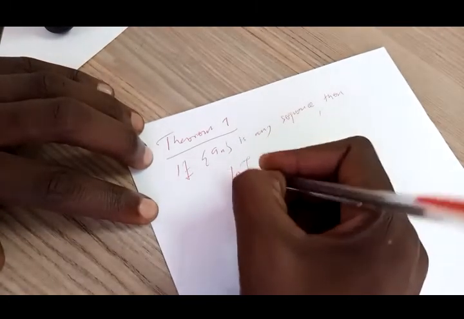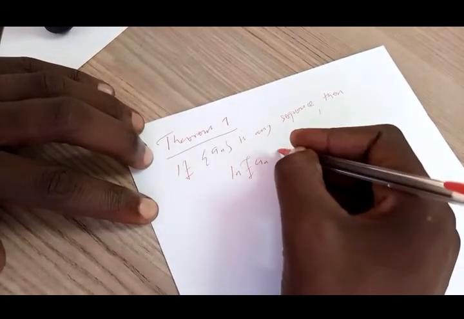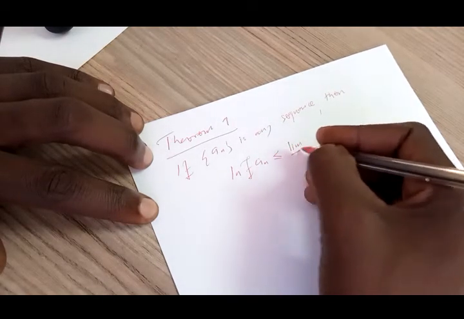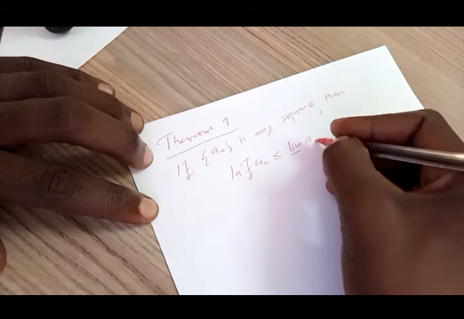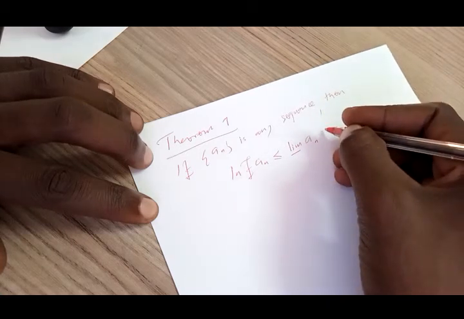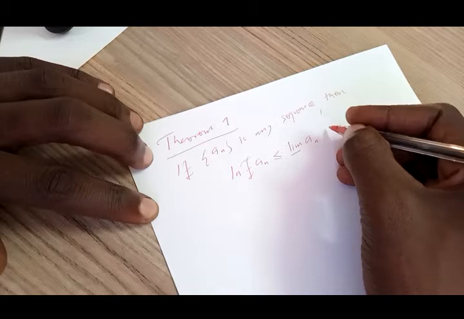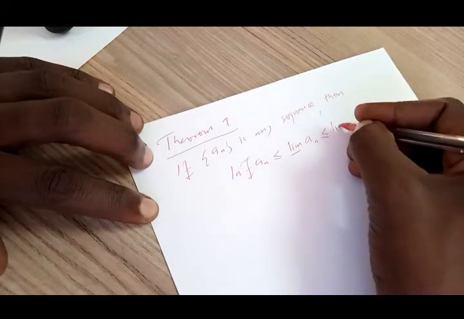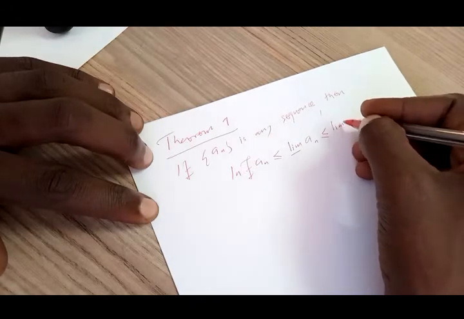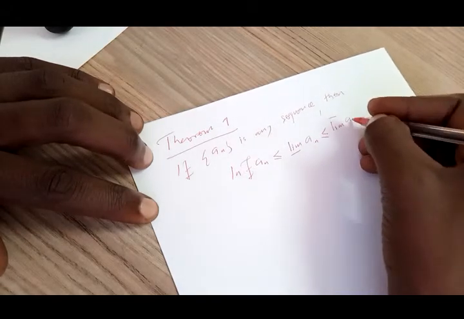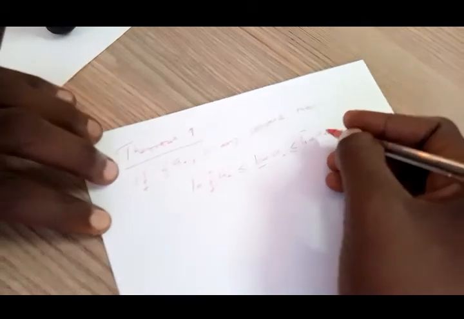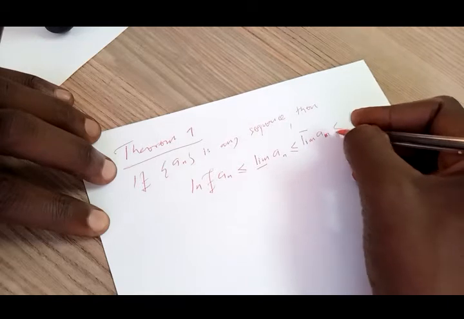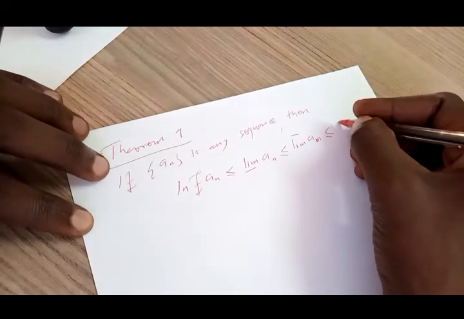The infimum of this sequence a_n is less than or equal to the limit inferior of a_n, which is less than or equal to the limit superior of a_n, which is less than or equal to the sup.